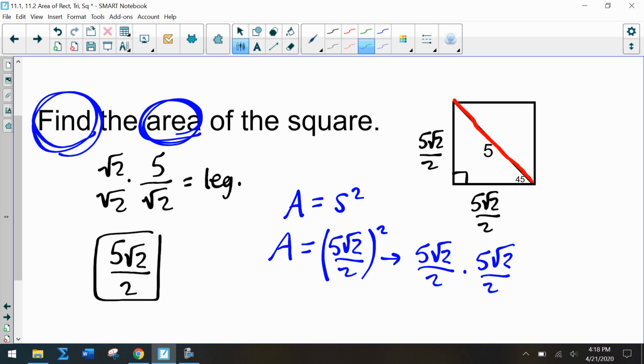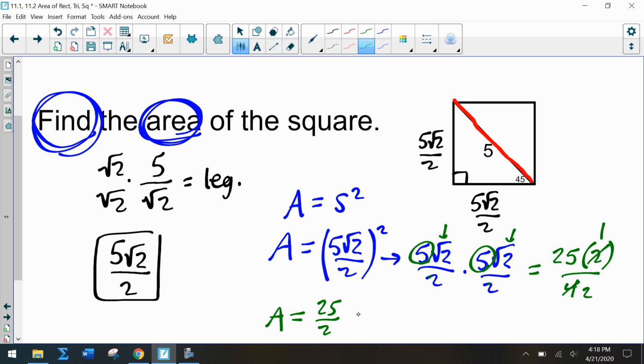So let's go through this together. 5 times 5, that gets us 25. And then √2 times √2 gives us 2. And then 2 times 2 gives us 4. So when we reduce, we end up with 25 over 2. That is the area, 25 over 2 units squared.